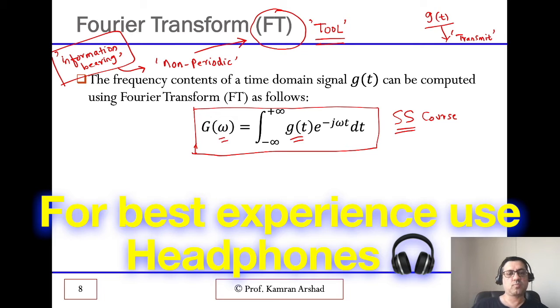As you know, again nothing new, the Fourier transform is normally indicated with capital letters. So for example, in the time domain your signal is x of t, and when we put it in the frequency domain, we write capital X of omega or X of f. So a capital letter means it is the Fourier transform of a signal, and a small letter means this is the time domain.